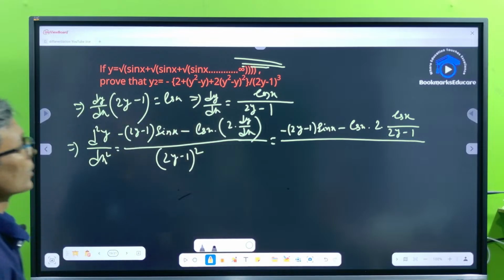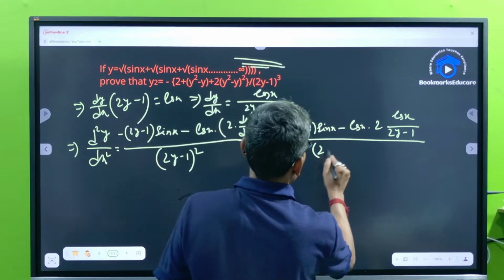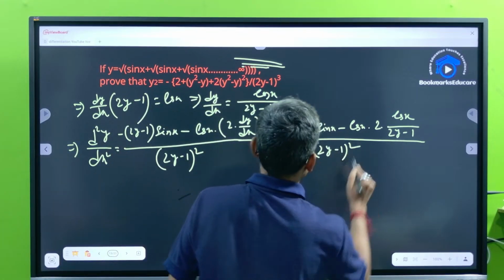Okay. So over (2y minus 1) whole square.